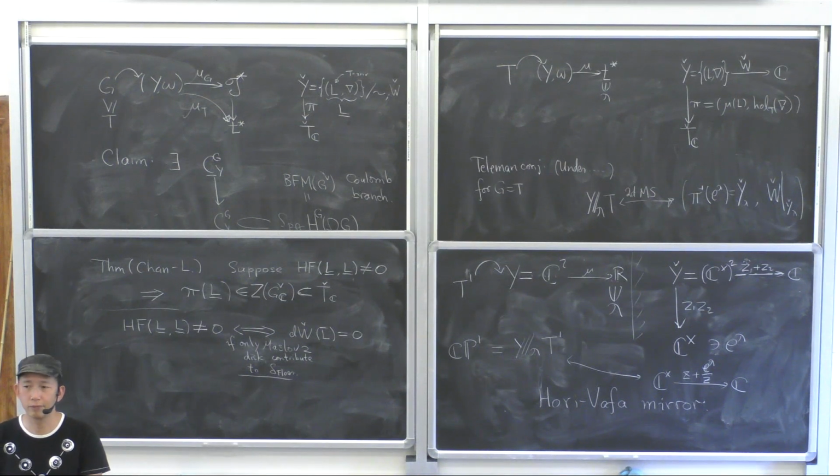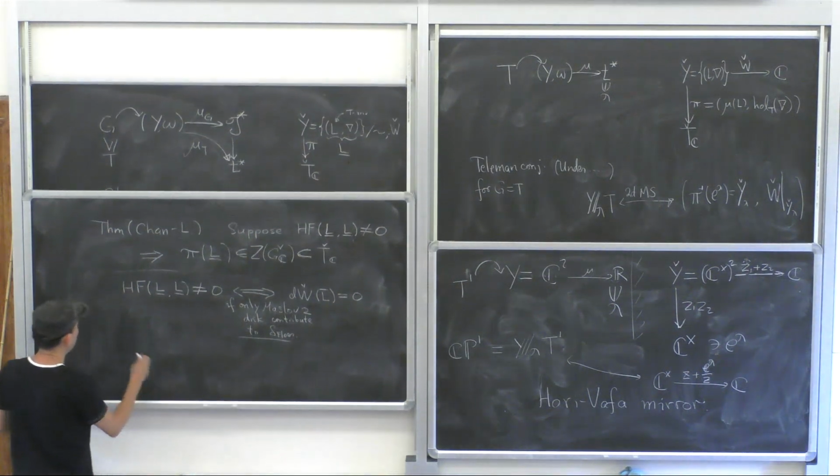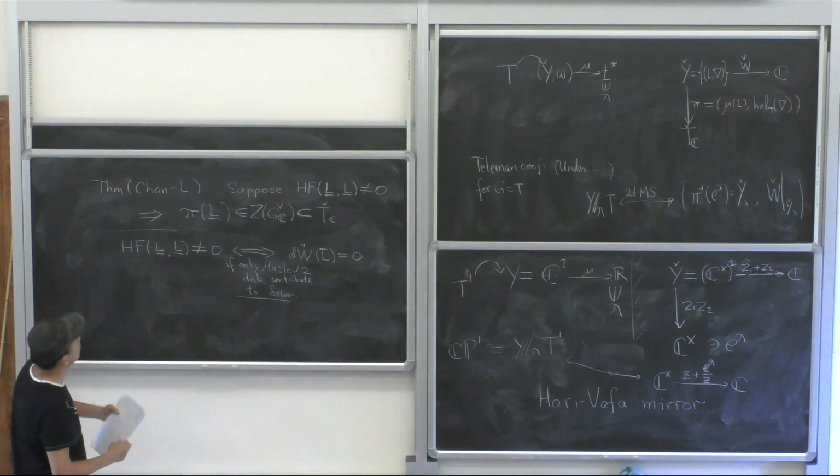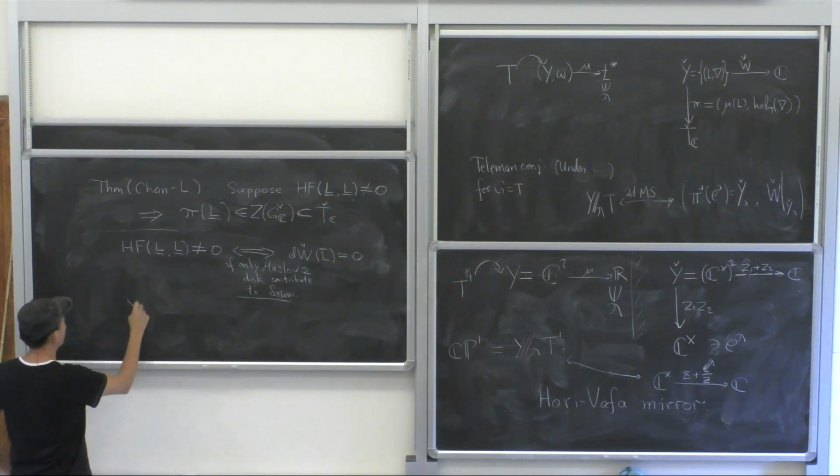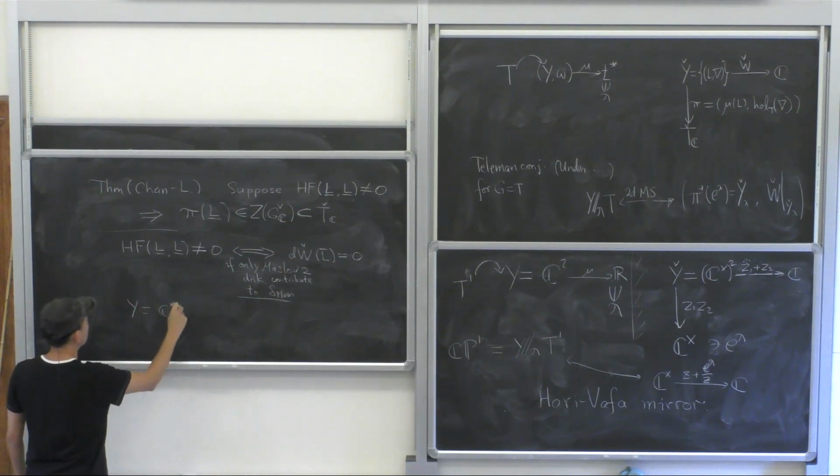You have to have a T equivariant action. So what do you want? Y to be C star to the n? Yes.